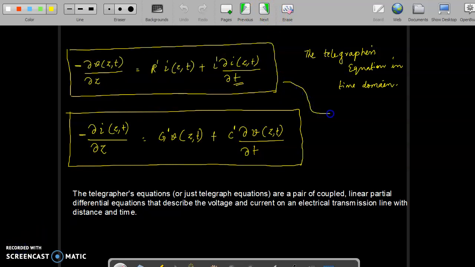So this can be written down as minus r dash I of z minus j omega L dash I of z.